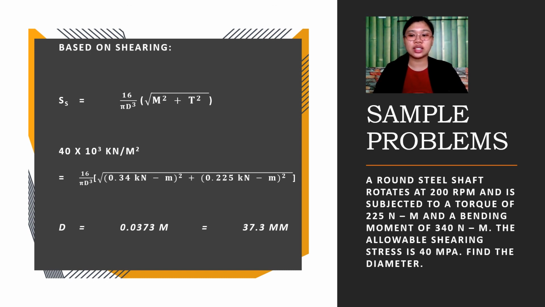Solving this simultaneously, or you may also use the shift solve feature of your calculator, we will be arriving at 0.0373 meter, or it is equivalent to 37.3 millimeters.